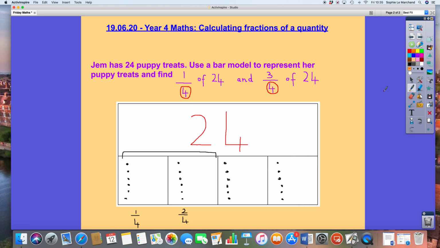If we combine the first, the second and the third box, that's 3 quarters. And if we were to combine all 4 boxes, that would be 4 quarters, which is the same as 1 whole.